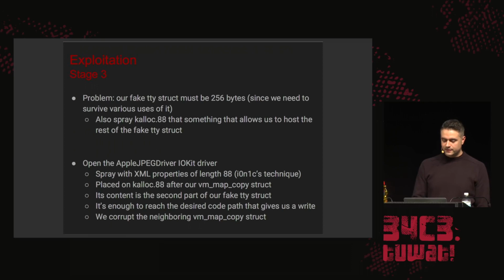And I could place, as a second controlled object after the VMAP copy struct, these XML properties, which are completely controlled in content, and I could host the second part of the TTY struct there. I mean, it's still not 256 bytes, but what it gives me is the ability to survive all the references to reach the write that I was interested in.